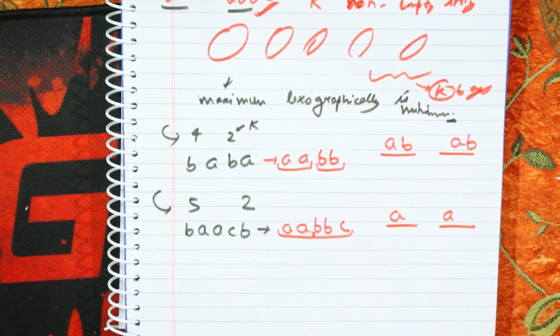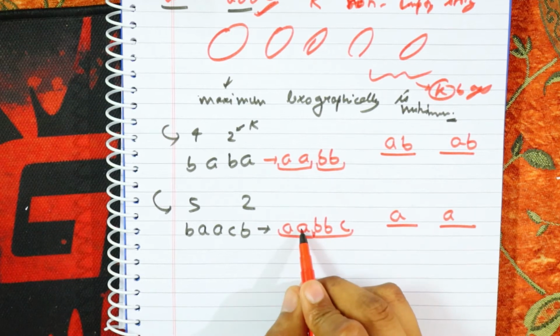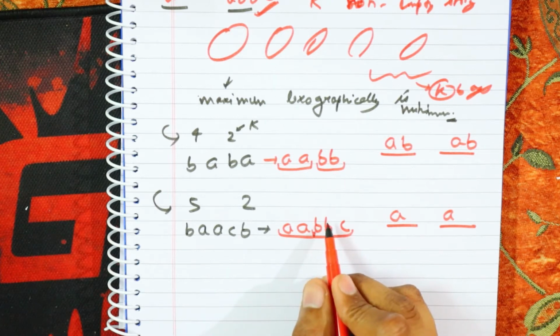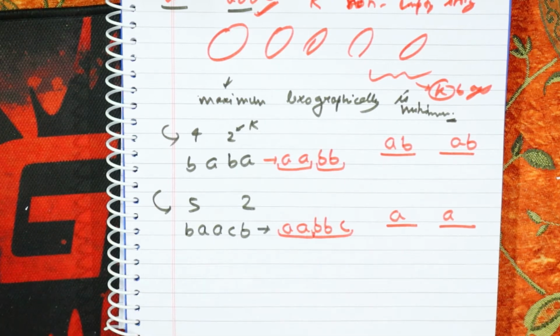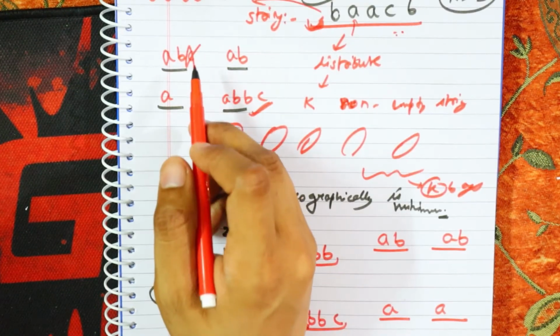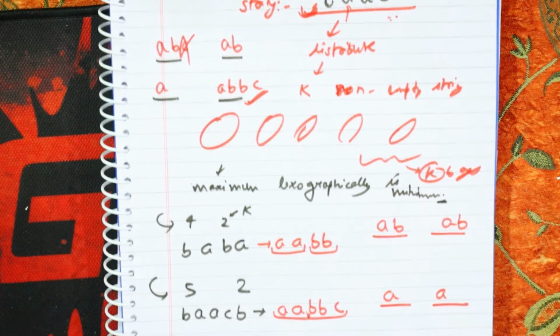But if I see it carefully, I will notice that if I place BB, then I have to place C anywhere. So it will not be good basically. As you saw here, it will not be good.